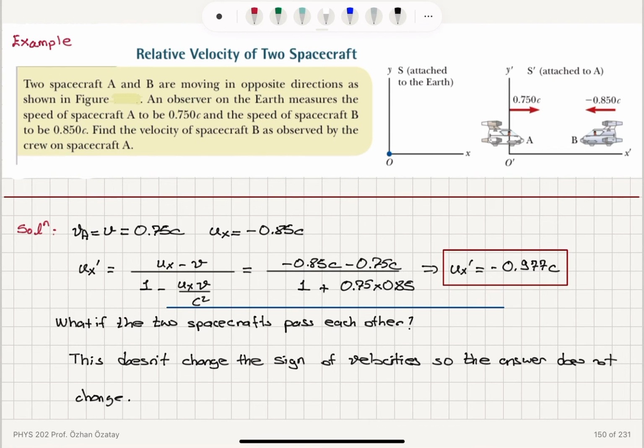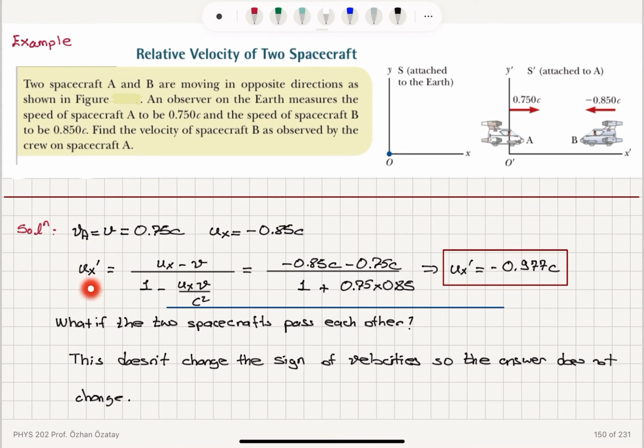And we looked at an example where a spacecraft A is moving with a relative speed 0.75 c on the x-axis with respect to the Earth reference frame. So this sets up our S prime reference frame, and we're trying to report the speed of B as observed by A. Galilean transformation says it should be 1.6 c, which is not possible because we cannot exceed the speed of light.